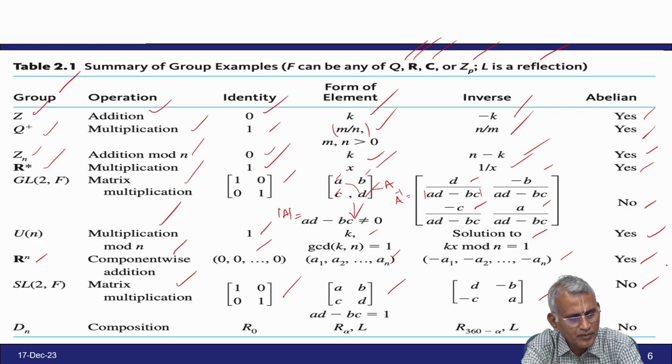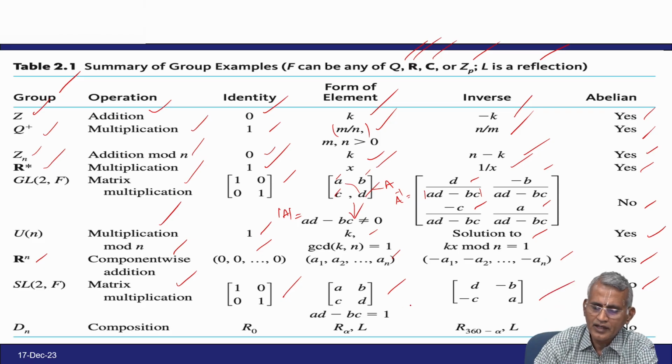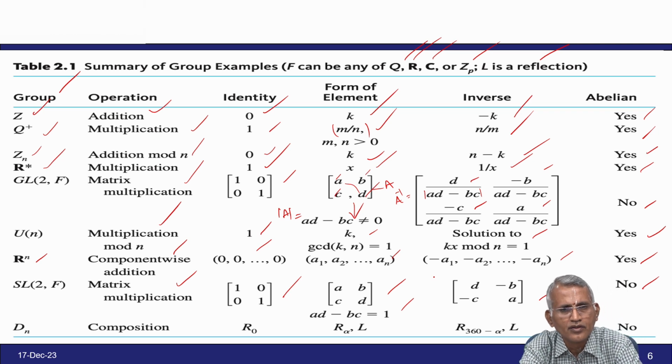Hence, it is not an abelian group, but if the condition AD minus BC equals 1 holds, it obeys the group structure. So, this is the general idea about SL of 2 comma F.